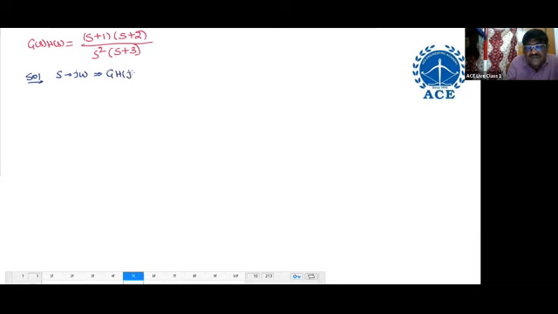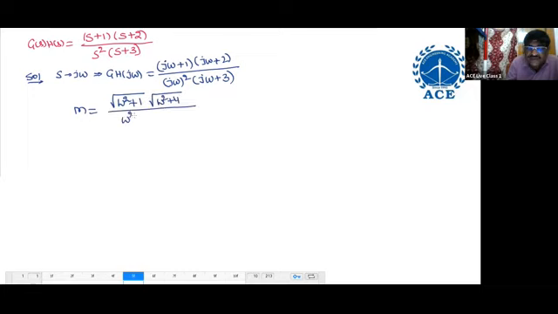GH of jω equals (jω+1)(jω+2)/((jω+3)...). Magnitude: root of ω² plus 1, root of ω² plus 4, over ω².